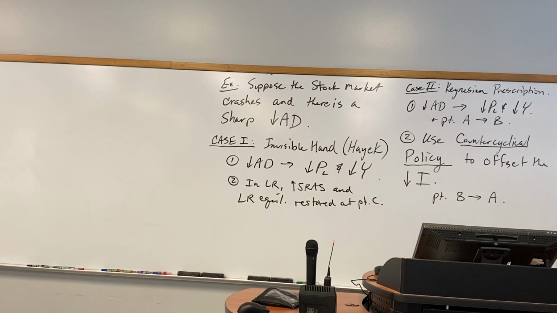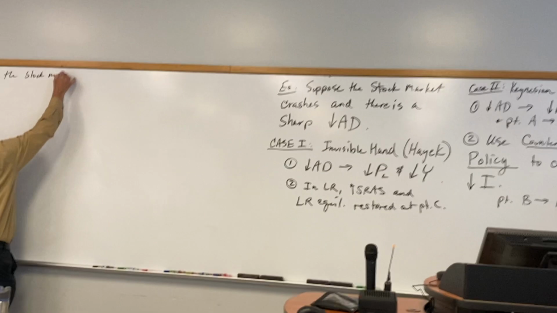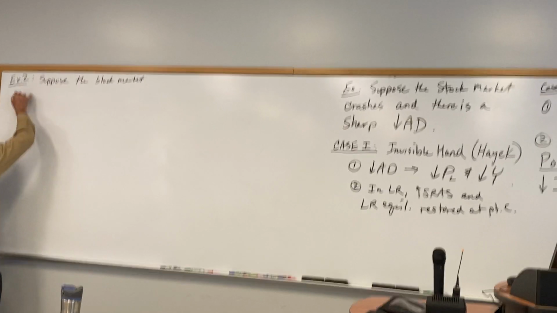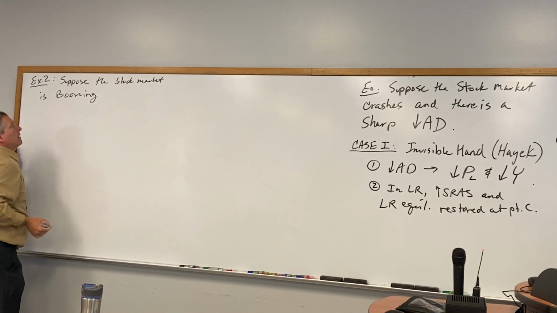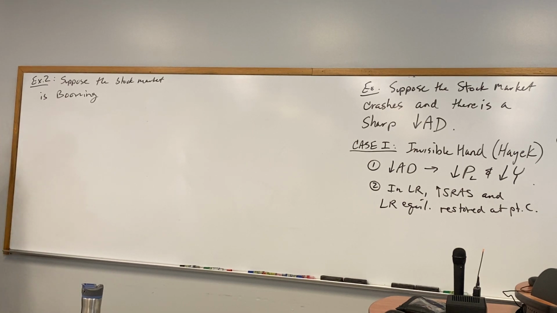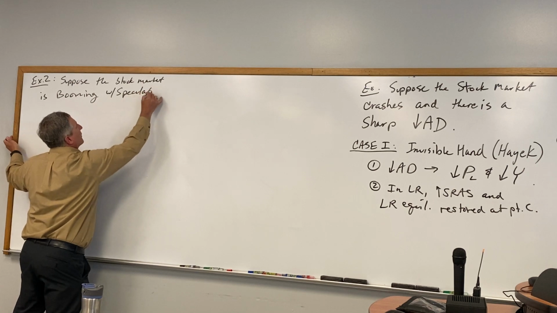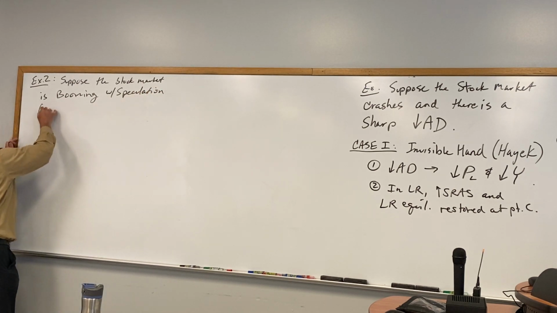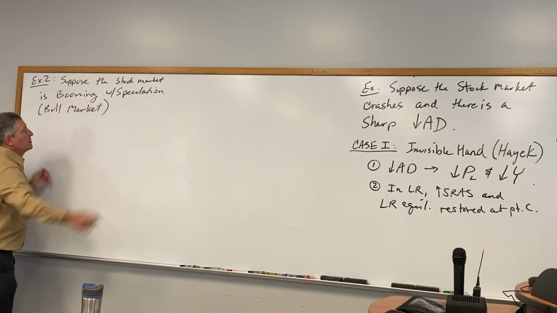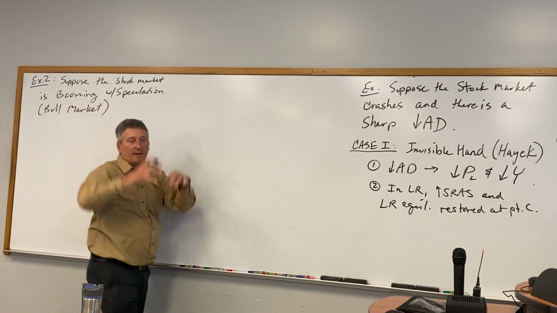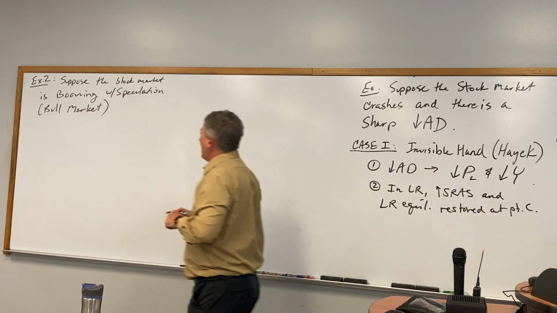Suppose the stock market is booming with speculation. We've been on a real bull market, right? A major bull market. In stock market language, a bull market is a rising market. Stock prices are going up.